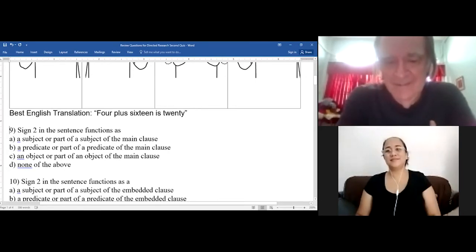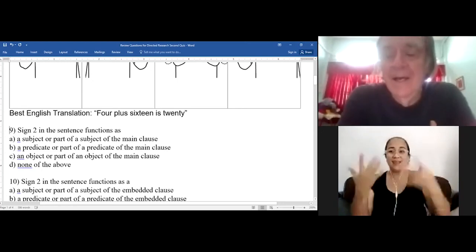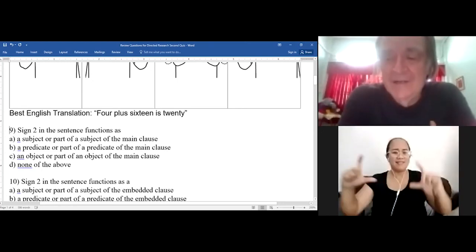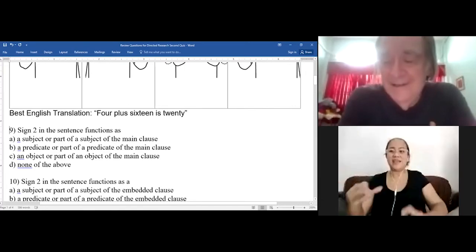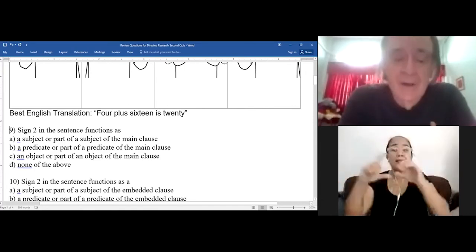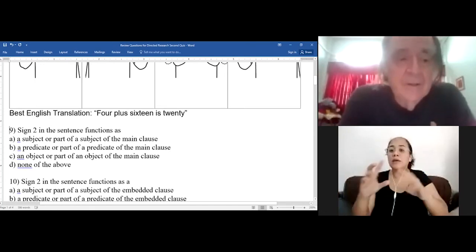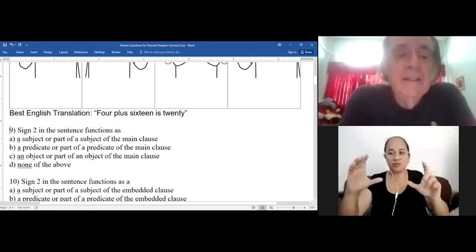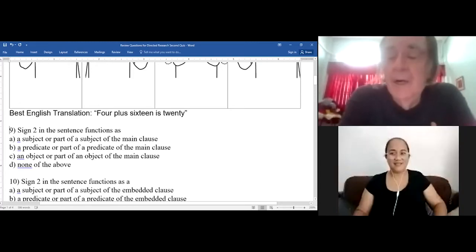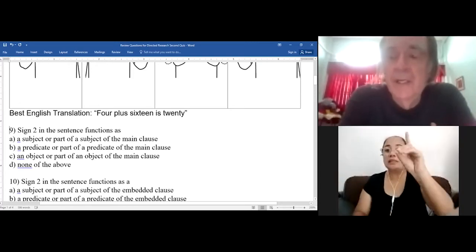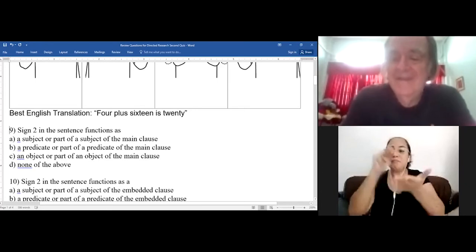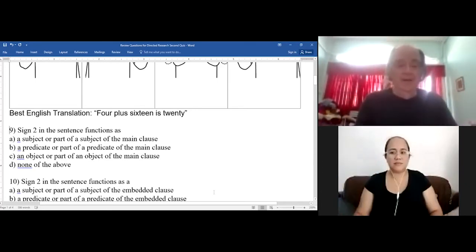D. It's not in the main clause. It doesn't function in the main clause. It's in the embedded clause. So the answer to number 9 is D, none of the above. It's not functioning in the main clause. Okay.